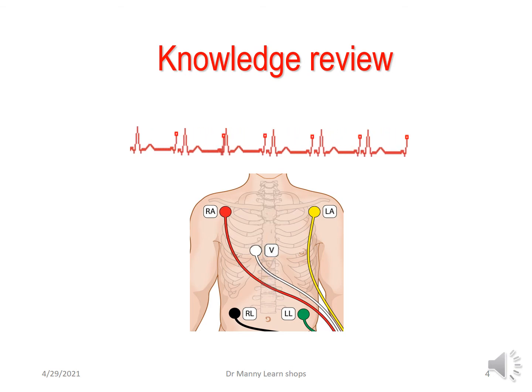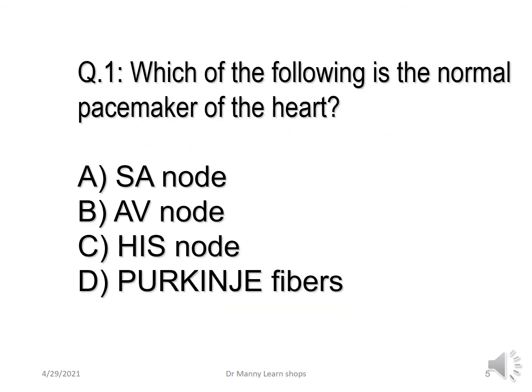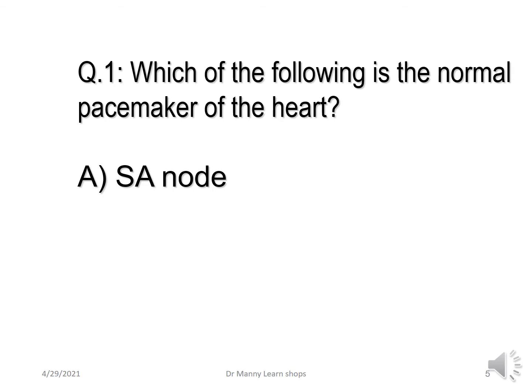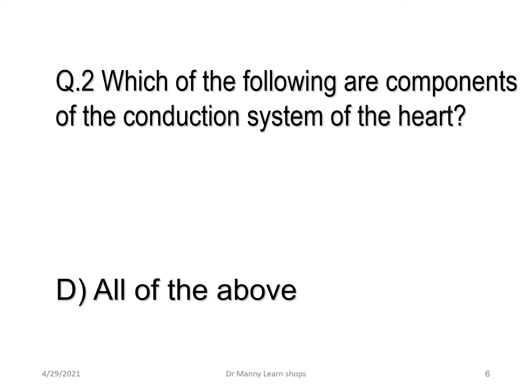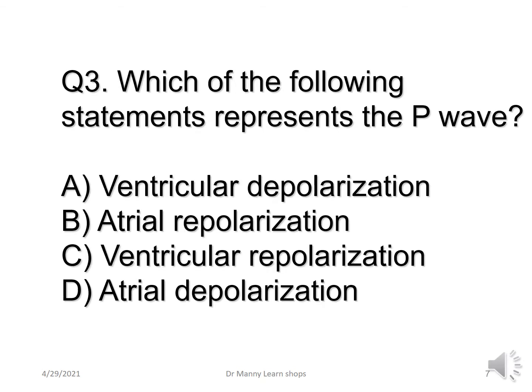So let's do the knowledge review again. Which of the following is the normal pacemaker of the heart? A, B, C or D? The answer is A, the SA node. Which of the following statements represents the P wave?